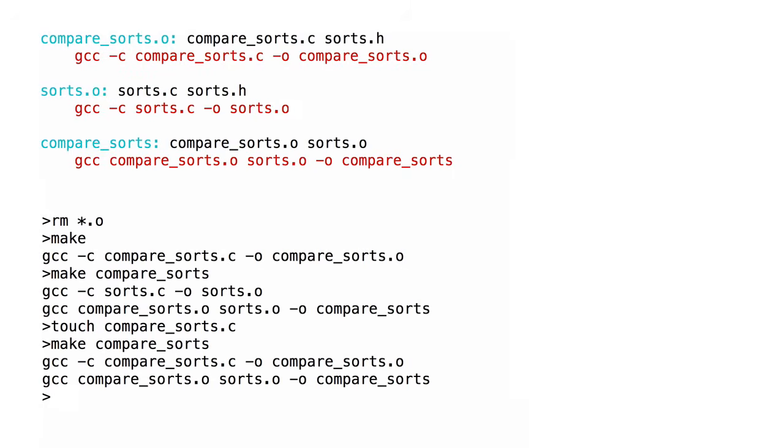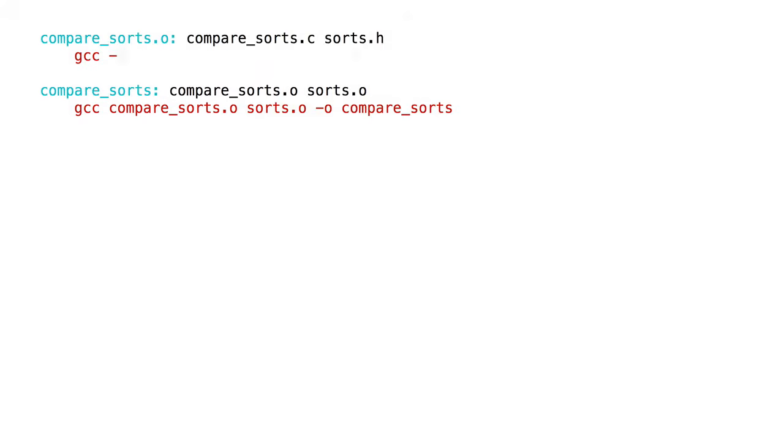But that was a bit tedious. I don't want to tell Make what to build each time, and if I add extra source files, I don't want to have to create a separate rule for each one. Makefiles support wildcards of various sorts. I'll use this new rule to replace all of my source file to object file rules.